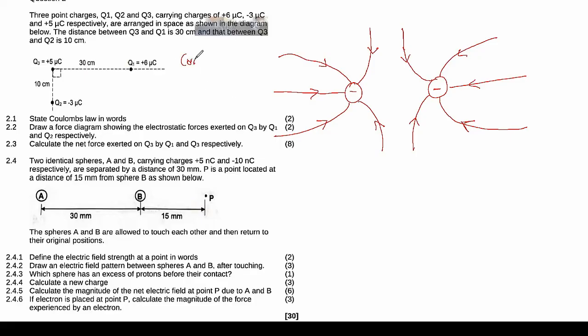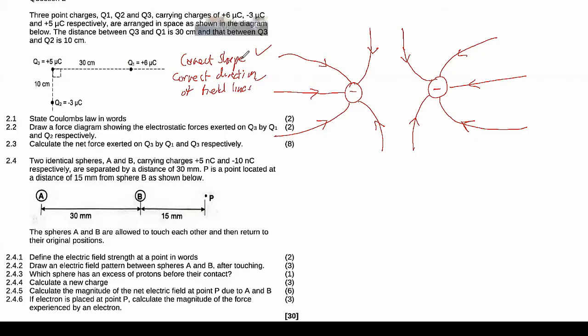The marking guideline says you get a mark for the correct shape. And then you get a mark for correct direction of field lines, if you have indicated that the field lines are going inward because it's a negative.